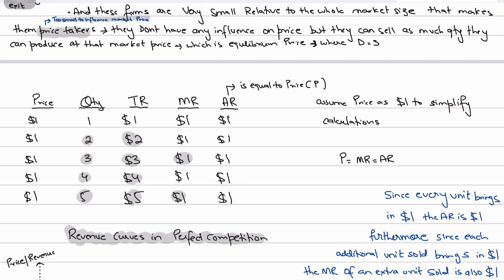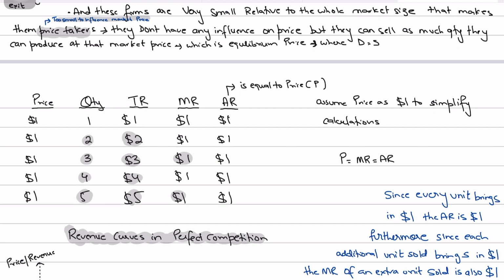So if the quantity moves from 3 to 4, the change in total revenue is $1, because at 3 units your revenue is 3, while at 4 units your revenue is 4. The change in quantity is also 1 unit, so 1 divided by 1 gives you a marginal revenue of $1. That's the incremental revenue you gain when you sell 1 more unit.